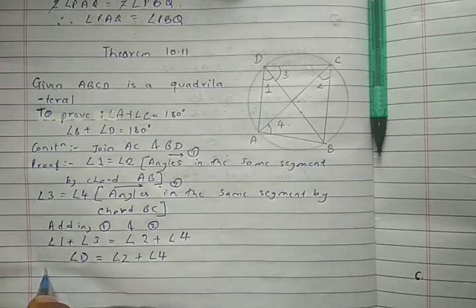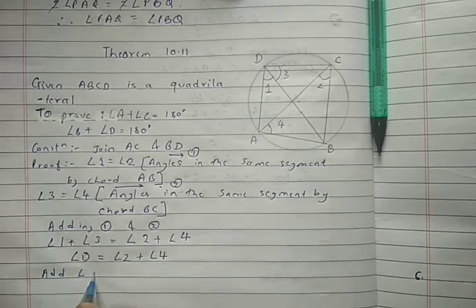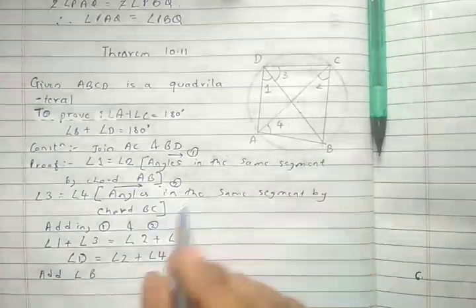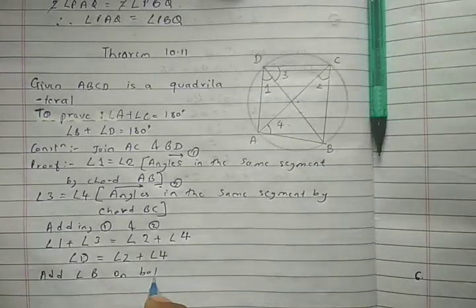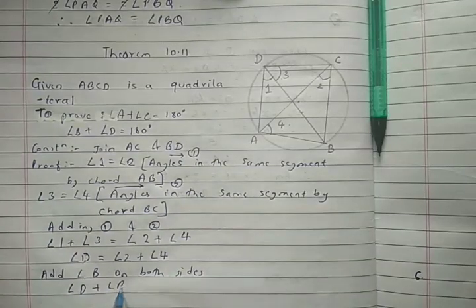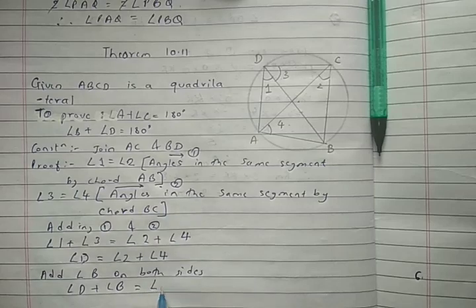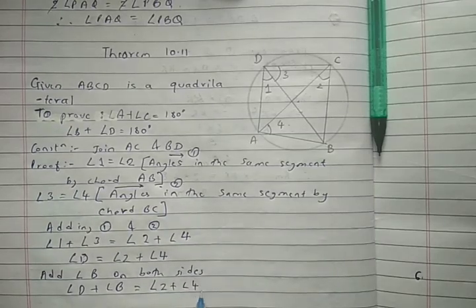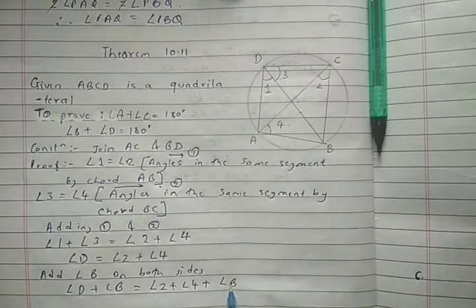Now if we add angle B on both sides, what we will get? Angle D plus angle B equal to angle 2 plus angle 4 plus angle B.